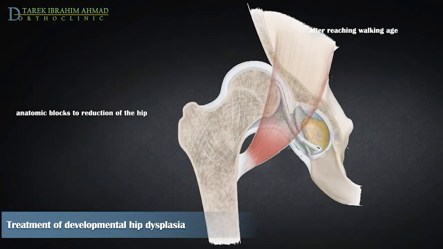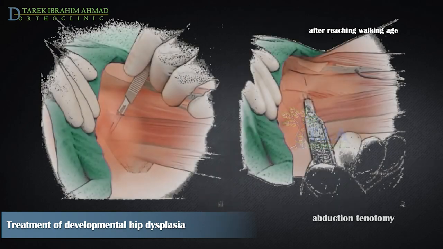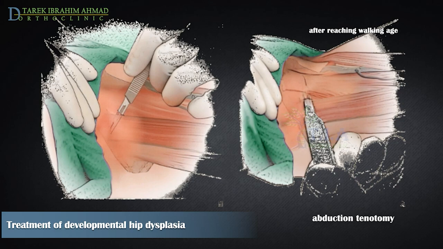During surgery, the possible anatomic blocks to reduction will be removed, such as iliopsoas contracture, capsular constriction, inverted labrum, pulvinar, or hypertrophied ligamentum teres. Perform adductor tenotomy if the patient has an unstable safe zone, if excessive abduction is required to maintain the reduction.